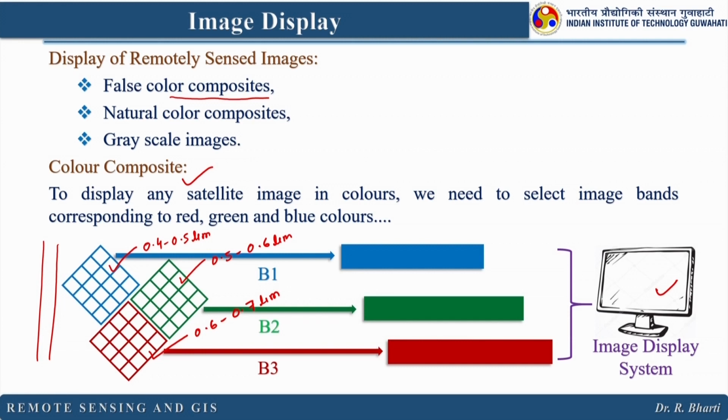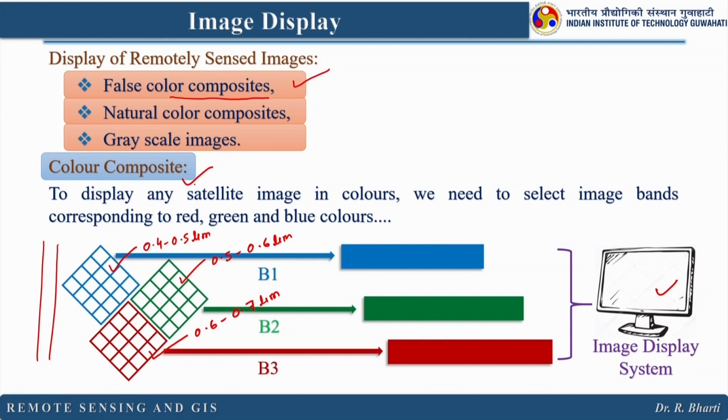Now we will see what we mean by false color composite, natural color composite and grayscale images, right? False color composite means your colors will not represent exactly how things look in nature, right?